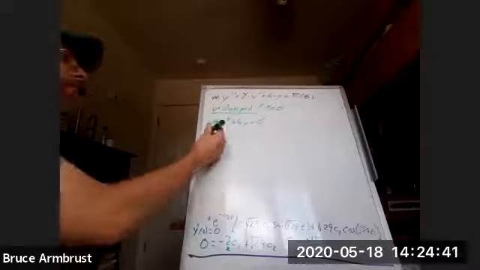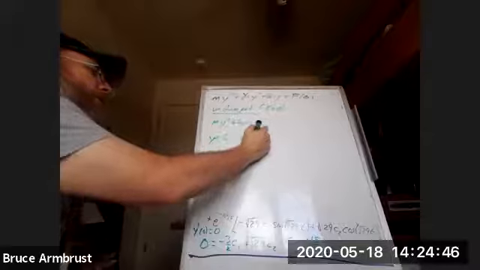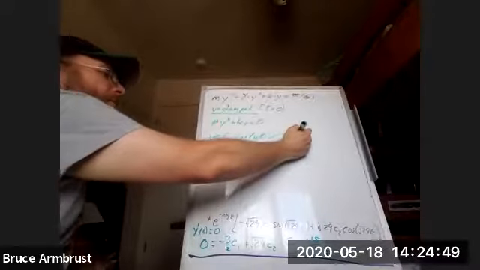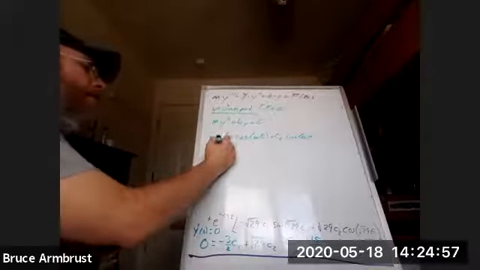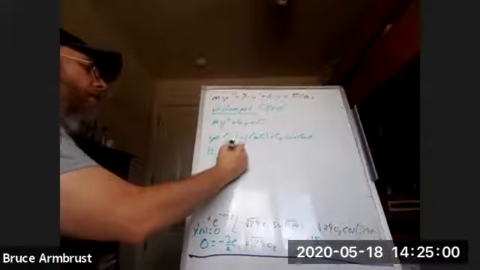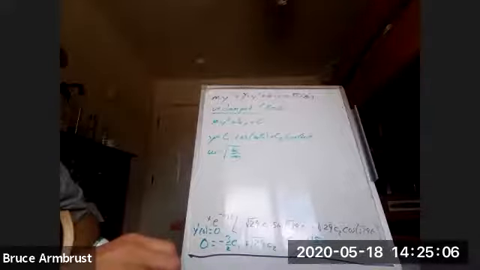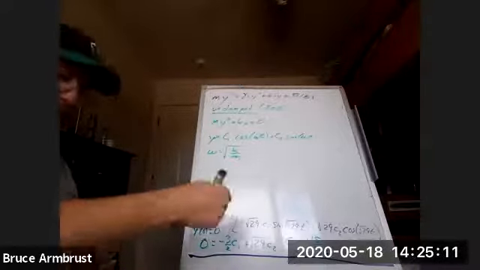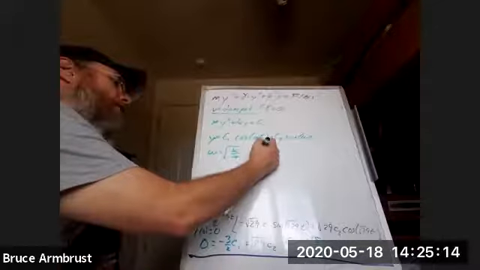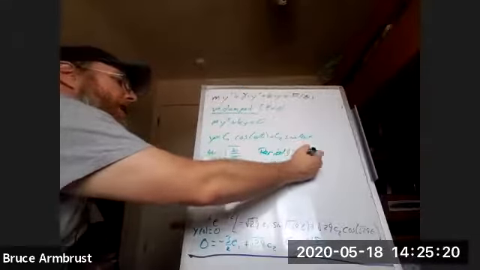Okay, so basically what we're going to get here is that y is going to equal some C1 cosine of omega t plus C2 sine of omega t. And what we know about omega is it's the square root of k over m, if you do the math on it. So that's omega, which means that the period, I don't know if you remember this, is equal to 2 pi over omega.